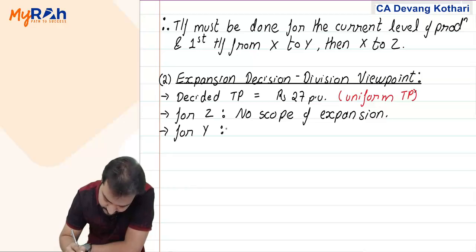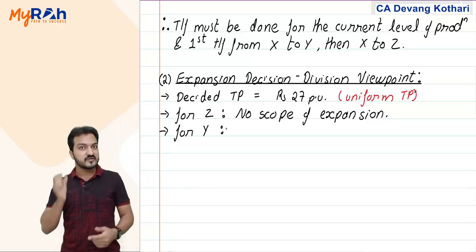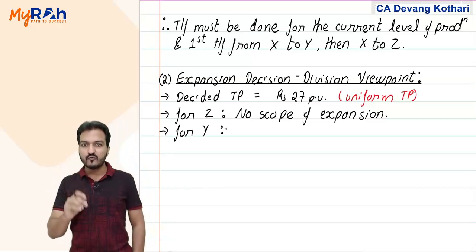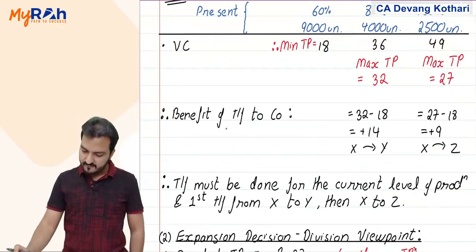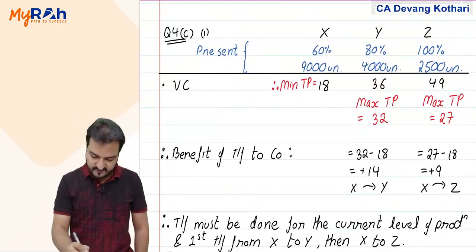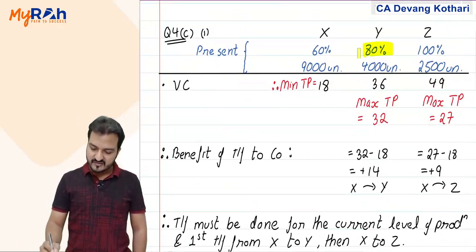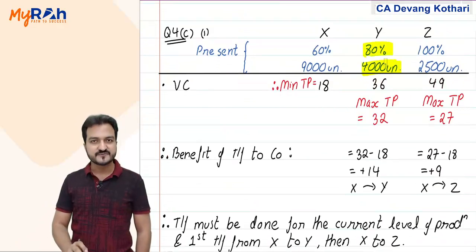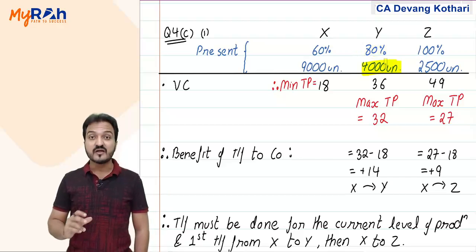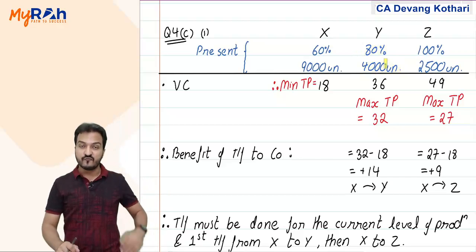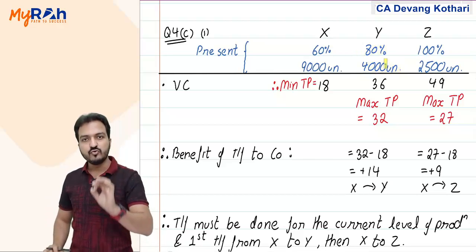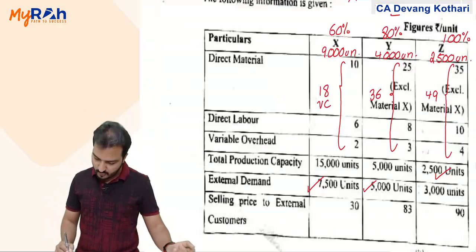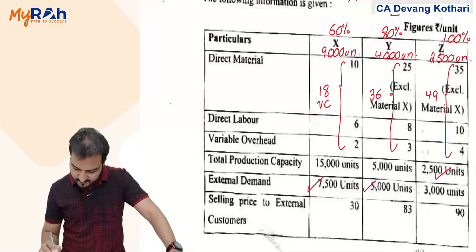For Y, I need to check whether expansion is suitable or not. If Y will do expansion, then how much extra units can it sell? Presently, Y is operating at 80% level and presently it is selling 4,000 units. From 80% it can expand to 100%. Y can sell up to 1,000 units more, because as per the question, the maximum demand of Y is 5,000 units.